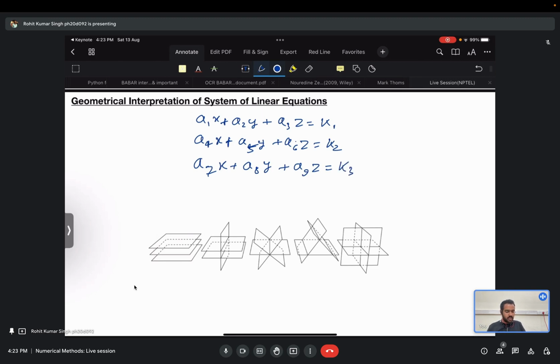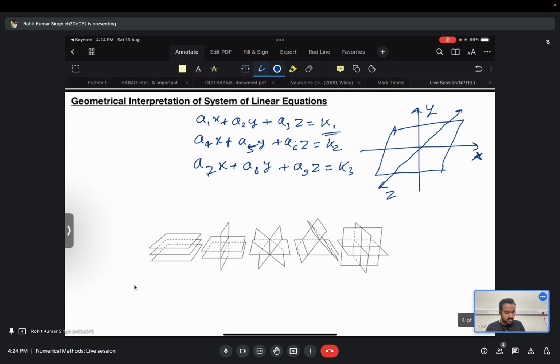So you have these 3 equations, and each equation in 3 dimensions will represent a plane. Suppose this is the x-axis, this is your y-axis, and the z-axis goes into the screen. Each of these equations will represent a plane oriented in some direction, which depends on these coefficients and the constants.